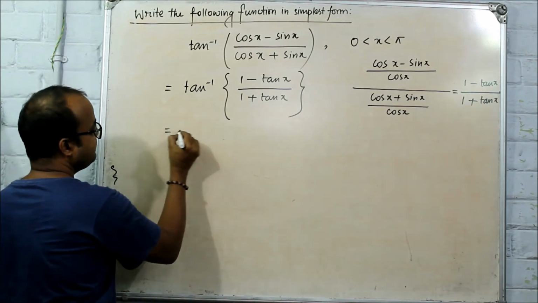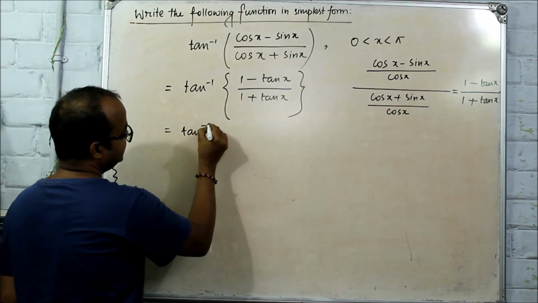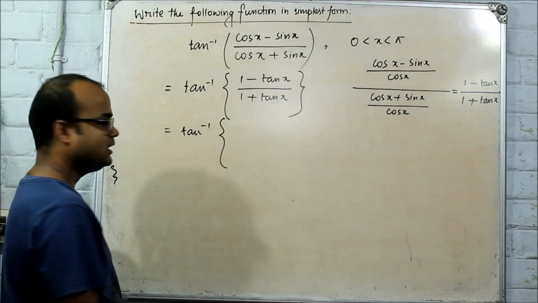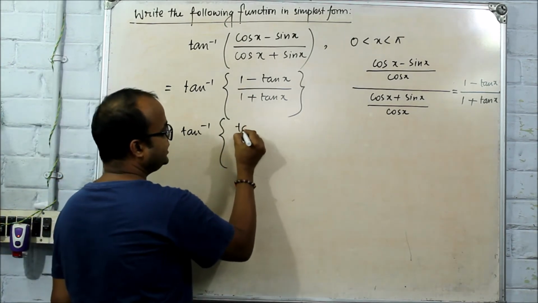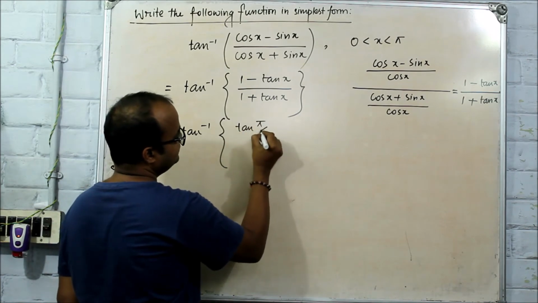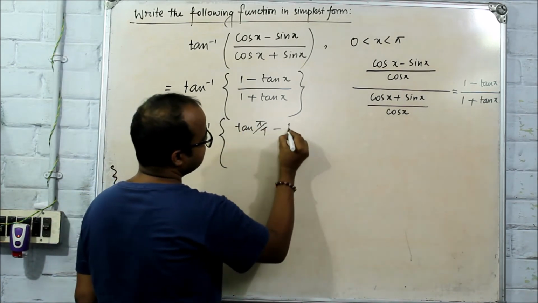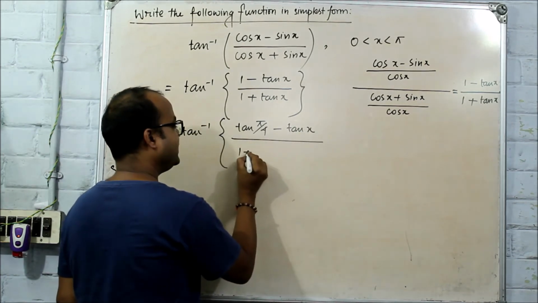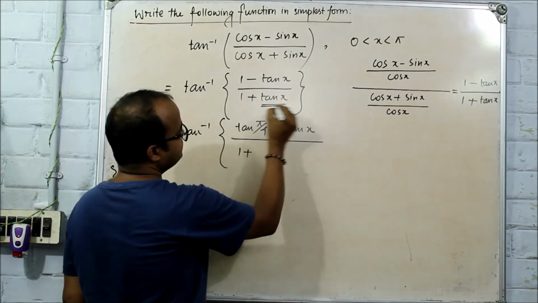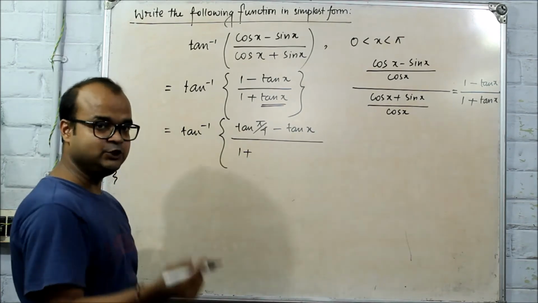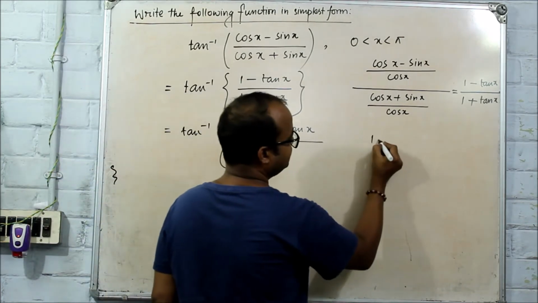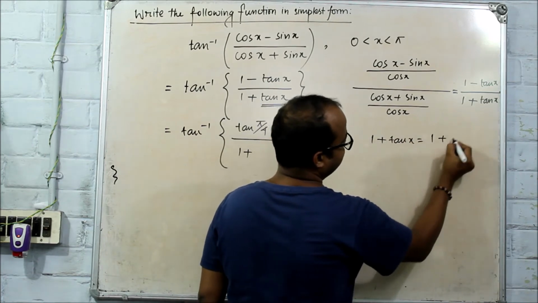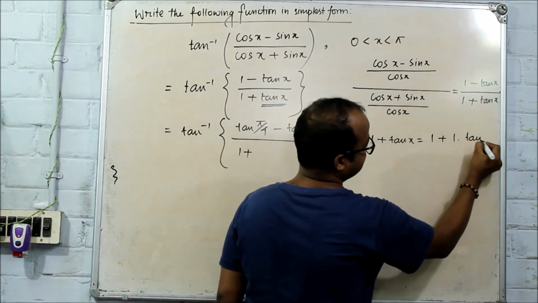Next, tan inverse. In place of 1, we may write tan of pi by 4 minus tan x by 1 plus, this tan x can be written as 1 into tan x, that is 1 plus tan x can be written as 1 plus 1 into tan x.